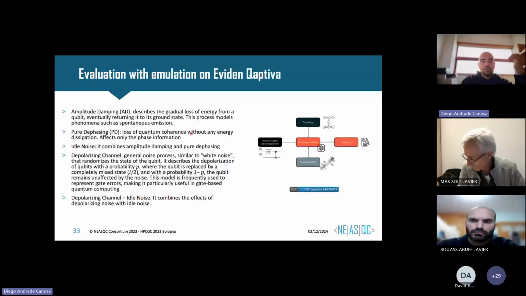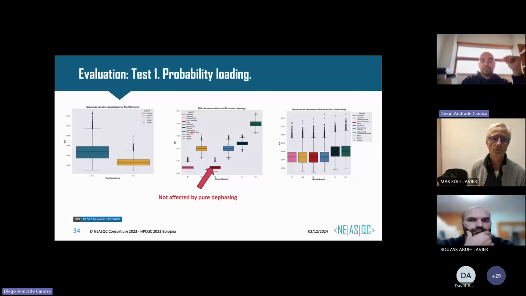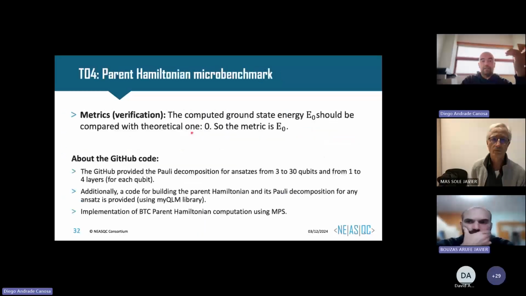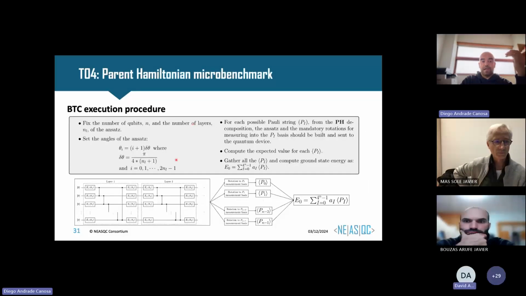Well, so far the circuits that we have produced are quite balanced. They have a good balance between width and depth. But obviously, for instance, in the case of the parent Hamiltonian, you can stress the depth of the circuit as much as you can.